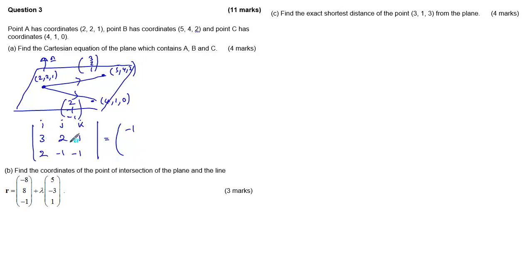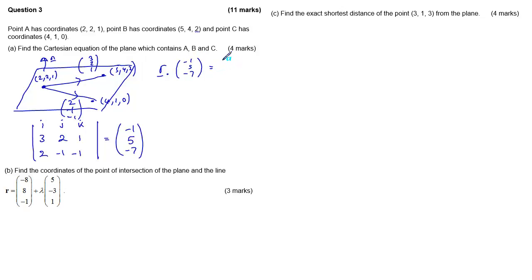For the j we get -3, take away 2, so that's -5, but with the j we change the sign. And then for the k we've got -3, take away 4, so that's -7.